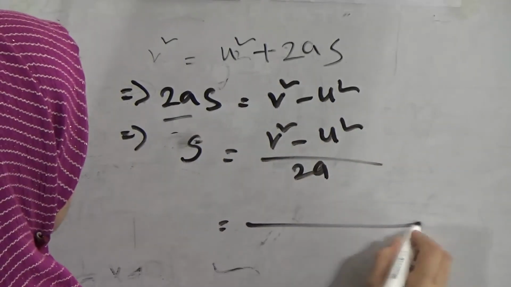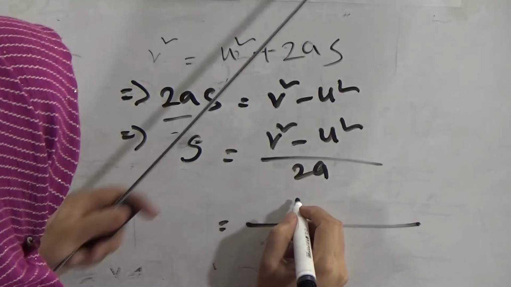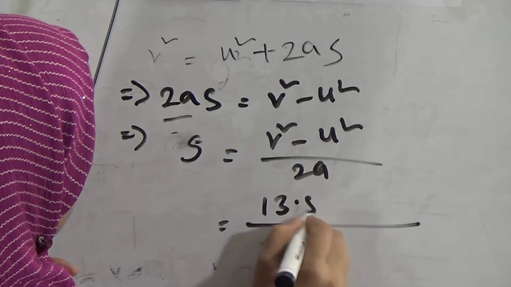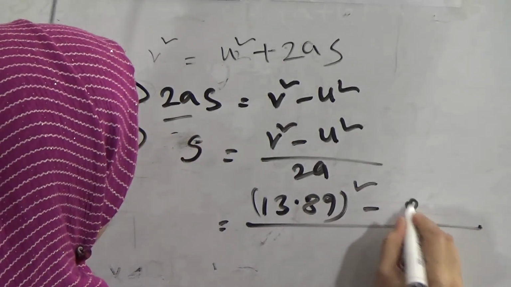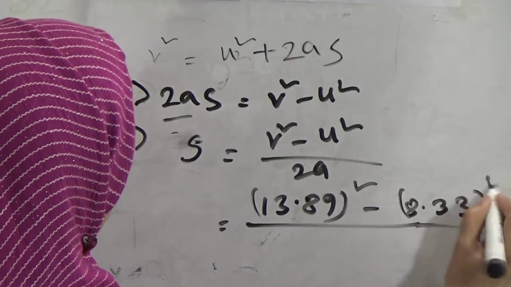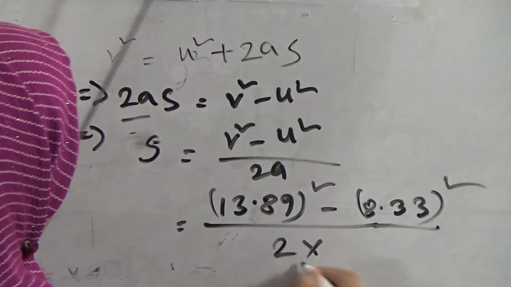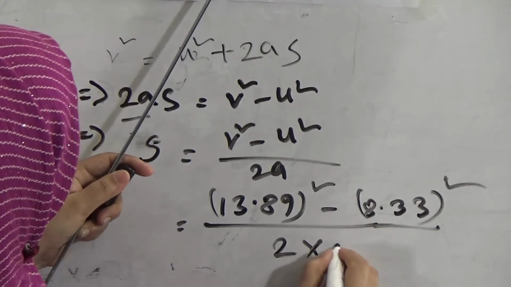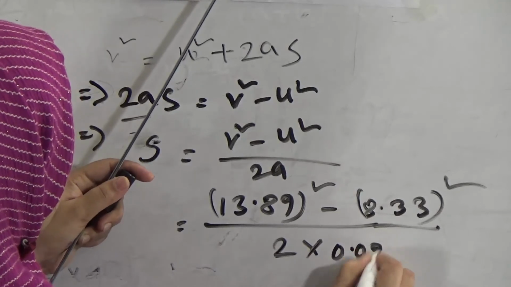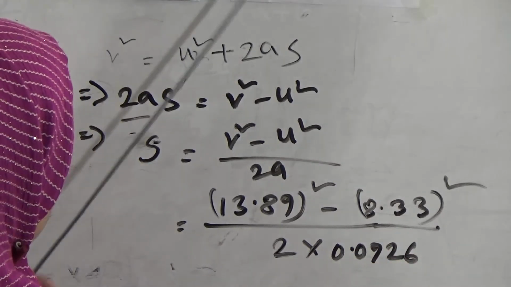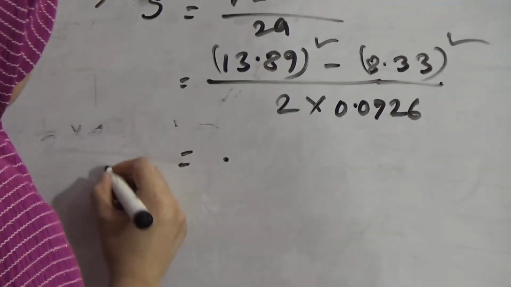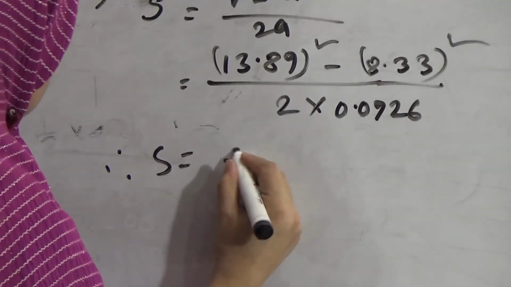Now we'll put the values. v is 13.89 whole square minus u is 8.33 whole square divided by 2 into a, which is 0.0926.